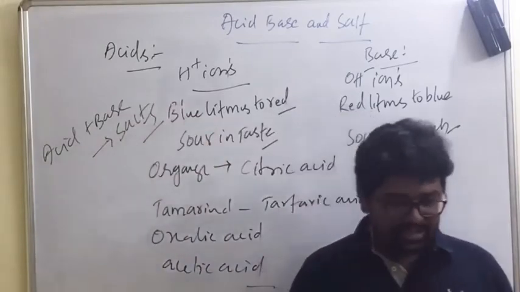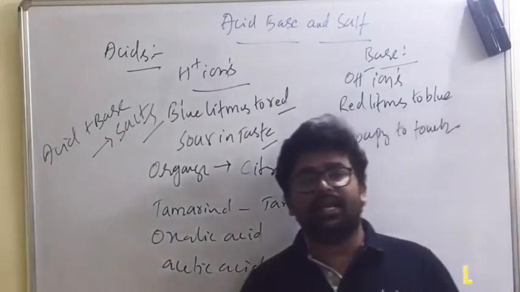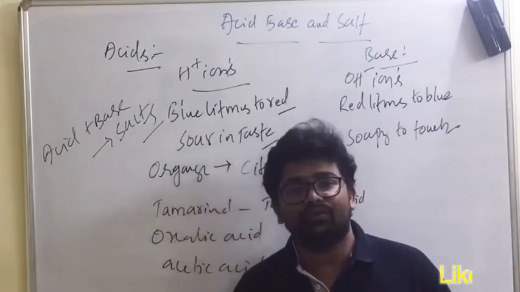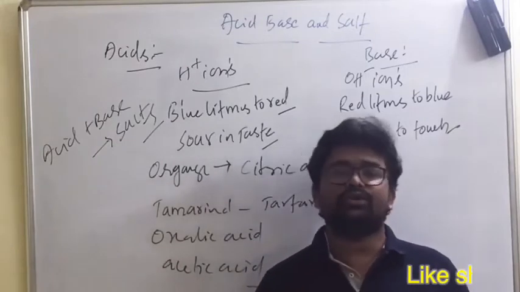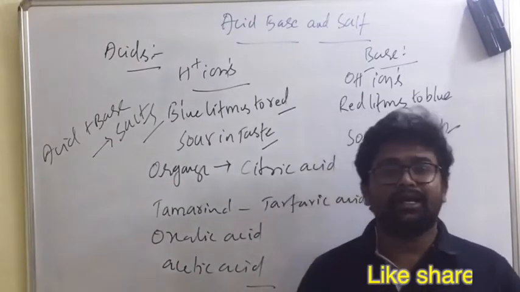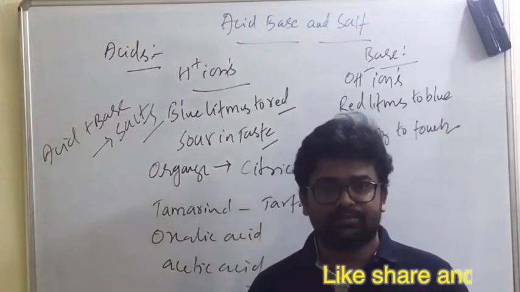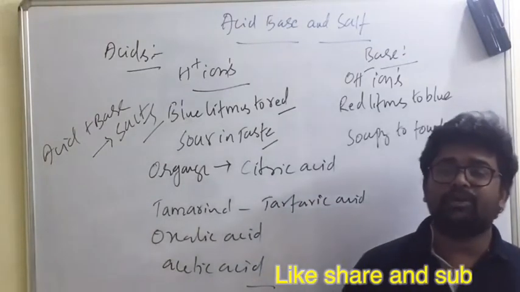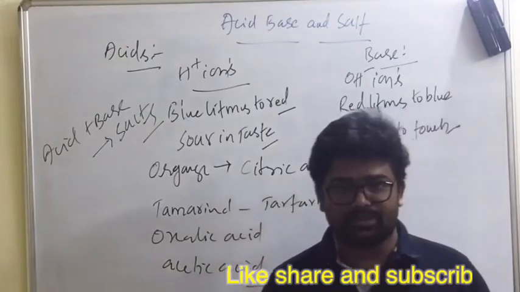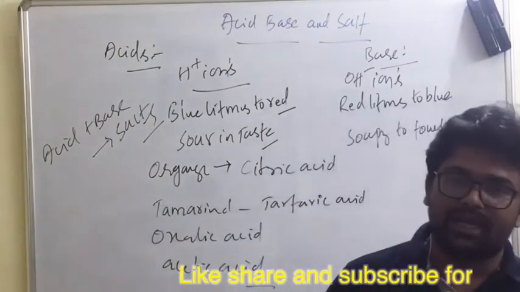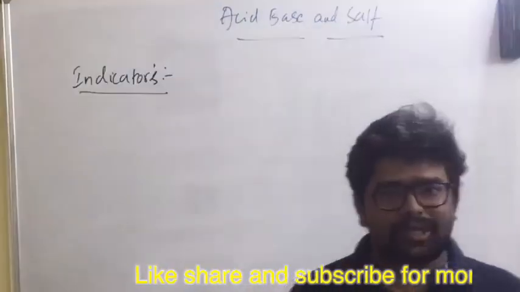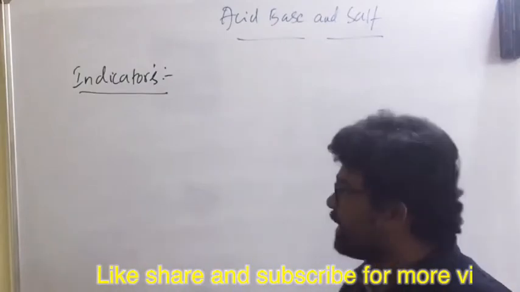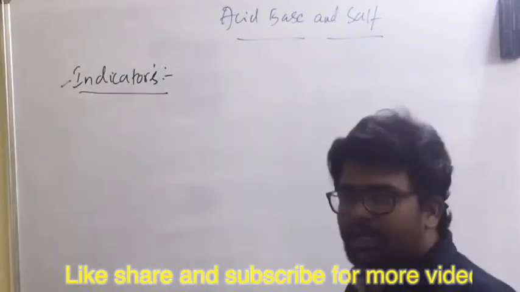In this class we are going to study in detail the properties of acids, bases and salts, and compounds which are prepared from salts and their uses. Let us start our chapter on acids, bases and salts with indicators.